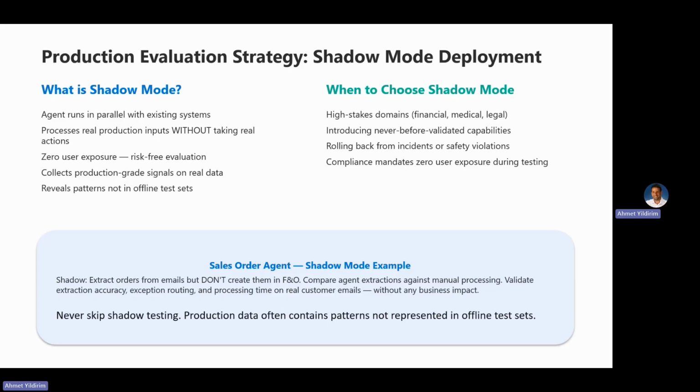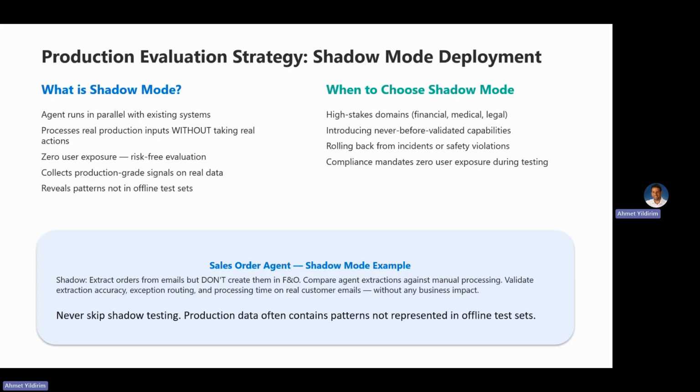You compare agent extractions against manual processing to validate accuracy on real customer emails without any business impact. Shadow mode reveals patterns your offline test sets miss. Therefore, never skip it, especially for high-stakes domains or when introducing new capabilities.